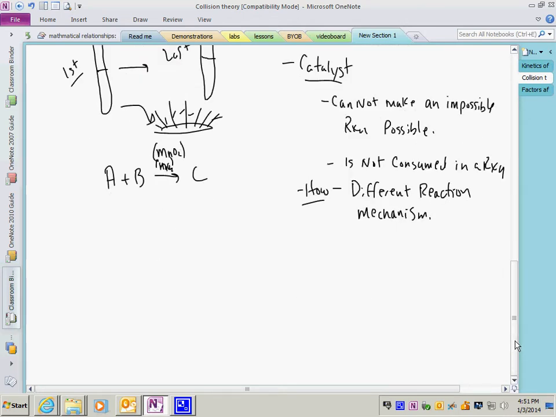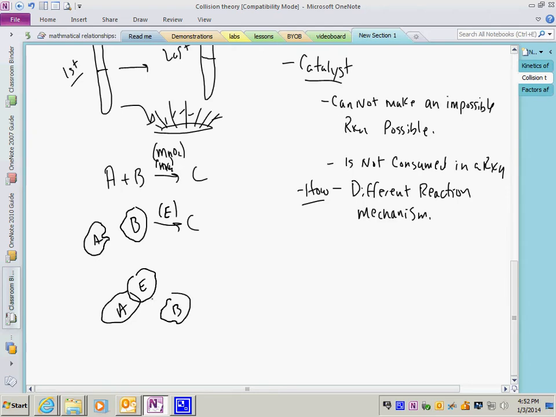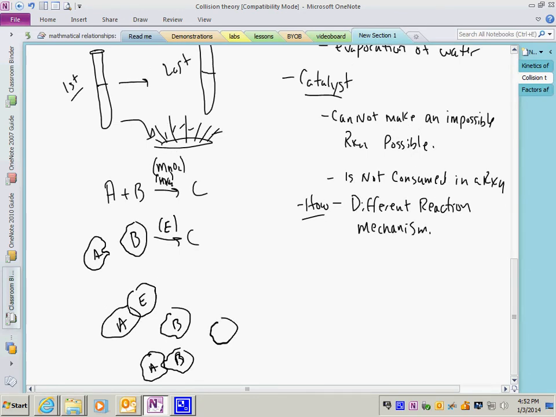So before, where we had A and B, they literally would need to collide to produce C. This may use some other chemical or some other entity, let's just say E. A reacts with E, which then facilitates B coming in here, and then they eventually walk away, and A and B are together, and E is now again all by itself.